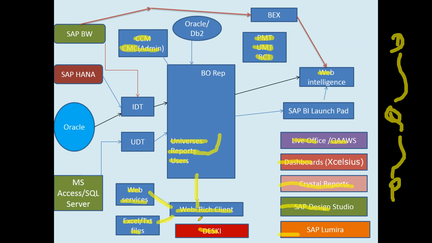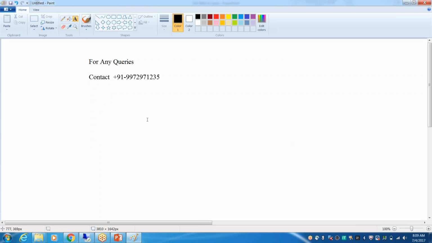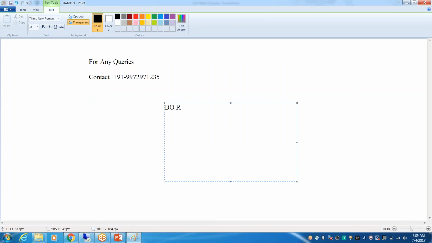In this training, I'm going to cover development activity, project support, BO development, and also migration of the project, how to migrate the project, and upgrading the versions, how to upgrade the older version to the latest versions, and also the administration part.